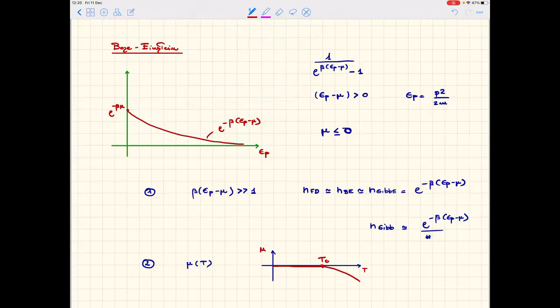So this critical temperature at which it becomes 0 is called the Bose-Einstein condensation temperature.